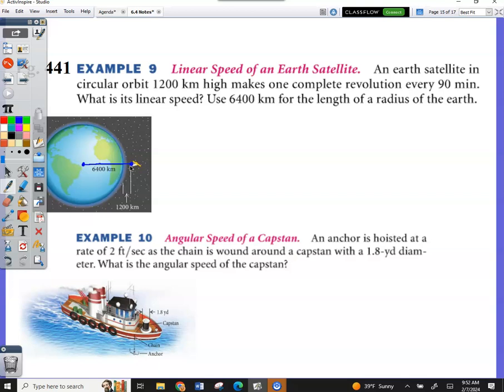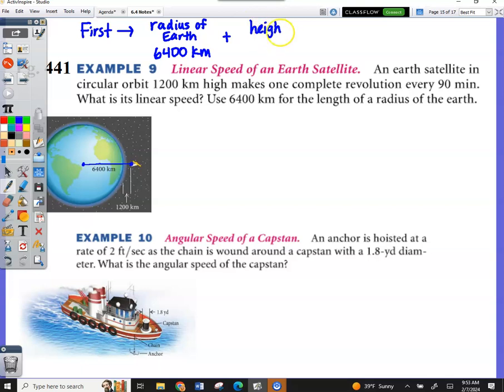So I'm actually going to come up here because this is going to get crowded. So I'm going to make a note first. And to help you understand this, I'm going to label every single thing. Okay, you don't have to do that if you don't want to. Like, you know that the radius of the Earth is 6,400, but instead of just writing 6,400, I'm going to write radius of Earth, which is 6,400 kilometers, plus height of satellite.